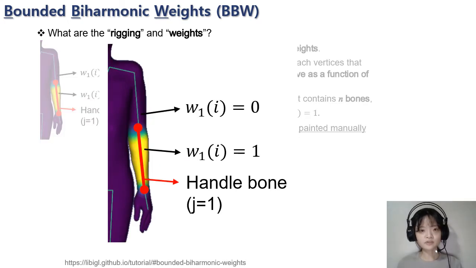For example, for the bone here, the red one, the weight of the yellow vertices would be 1, the dark purple here would be 0, and the green part in this area would be 0.5. This means that if the bone here moves, the yellow vertices would 100% follow this bone, the purple ones would not move, and the green ones would 50% follow this bone.